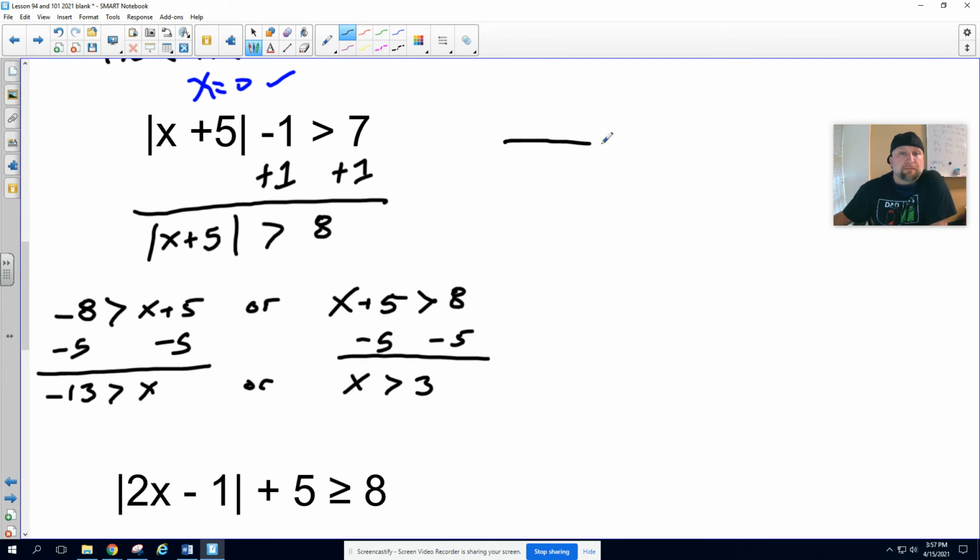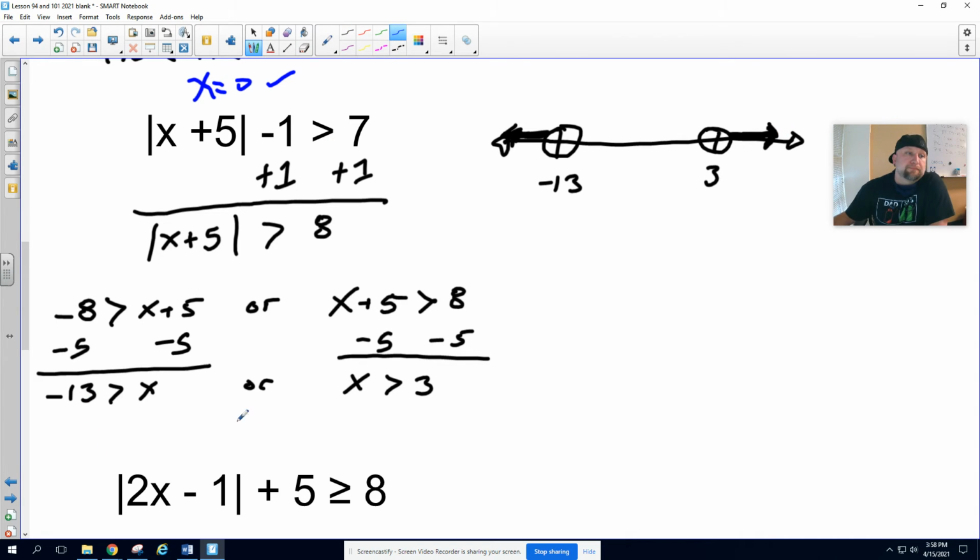So here we've got -13, we've got 3, strictly greater than, so we're going to the left. Again, strictly greater than, so we're going to the right. So this is OR statements. Right?